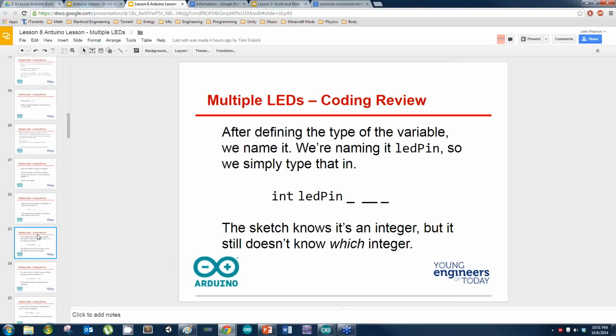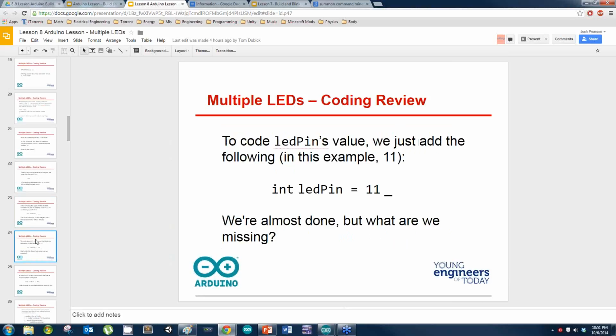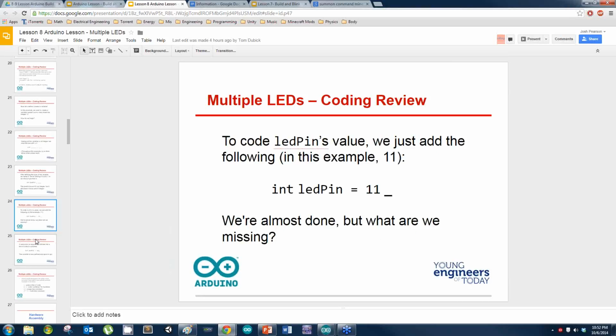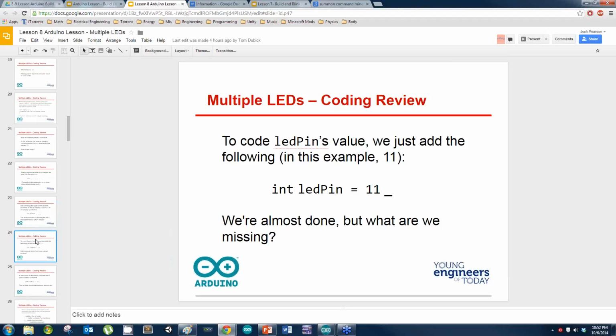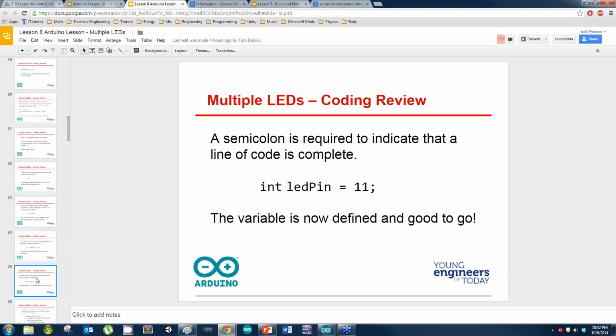Tyson, you're wrong, hate to tell you. Correct. Got a few more. So void setup in Arduino runs only one time. Now we're not going to have time to do this one here.